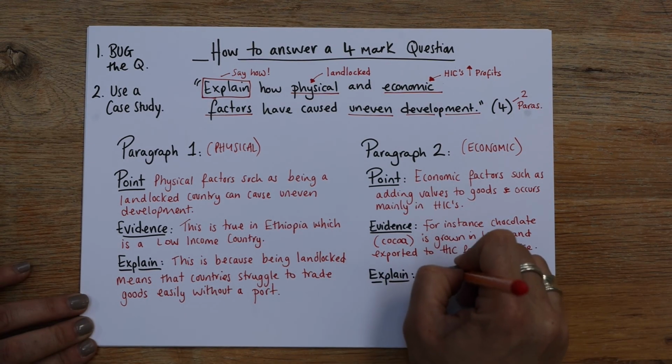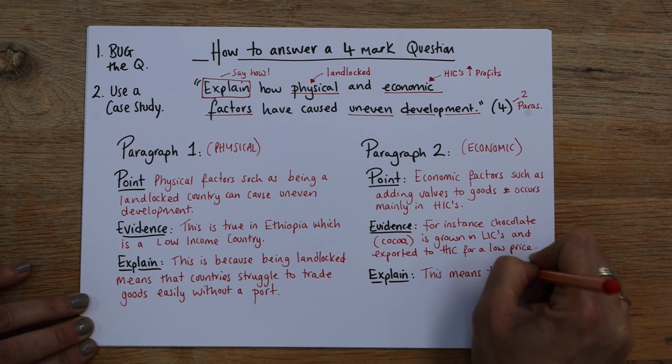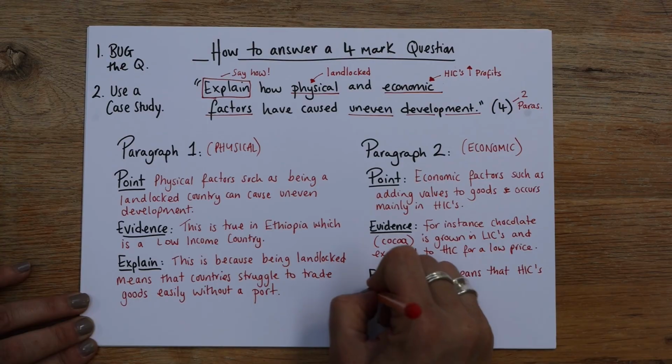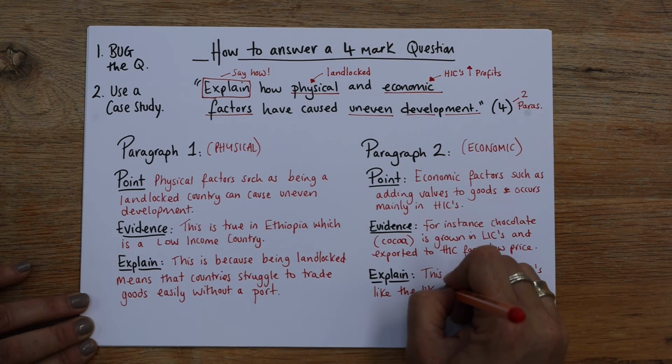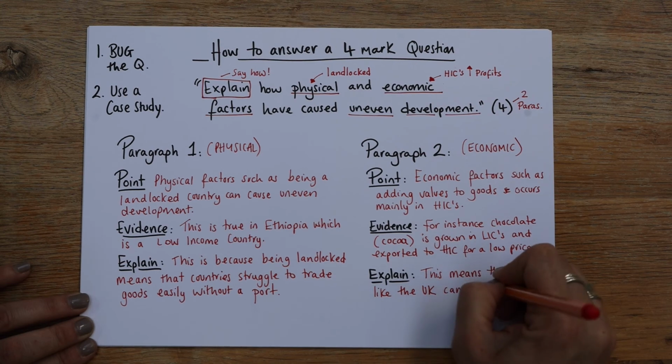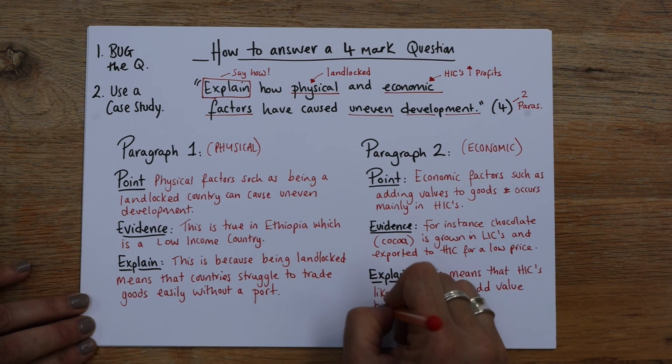This means that high-income countries, like the UK, can add value by processing.